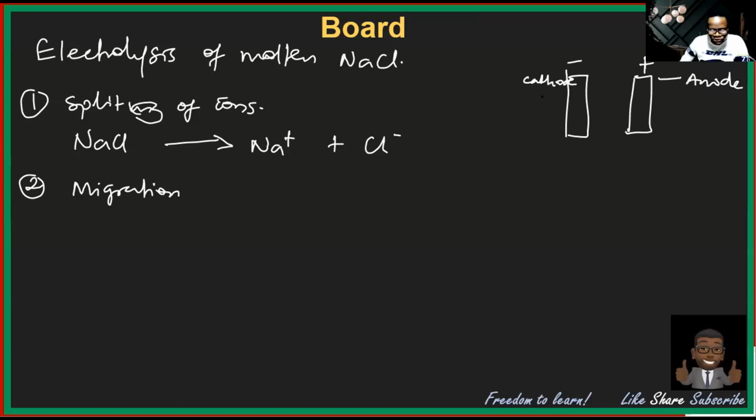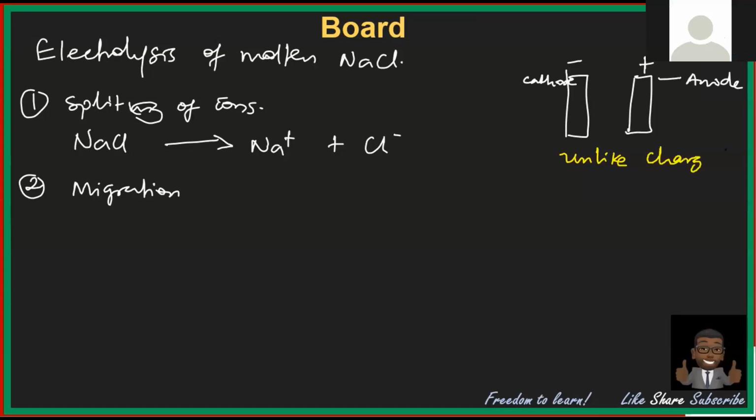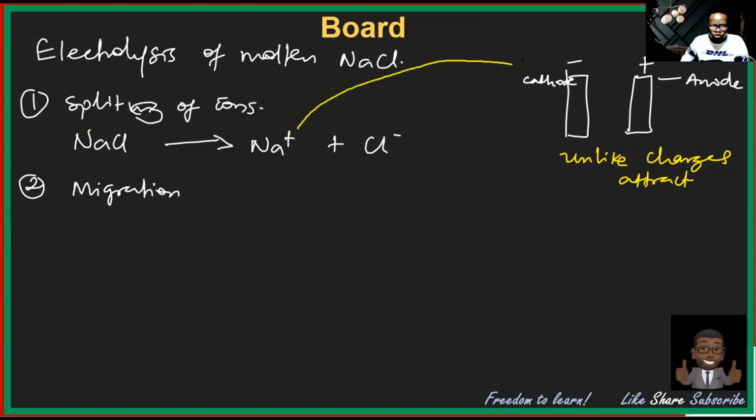So you would expect that since unlike charges attract, that is the rule, your sodium ion will migrate to this, while your chloride ion will migrate towards this. Do you get that?